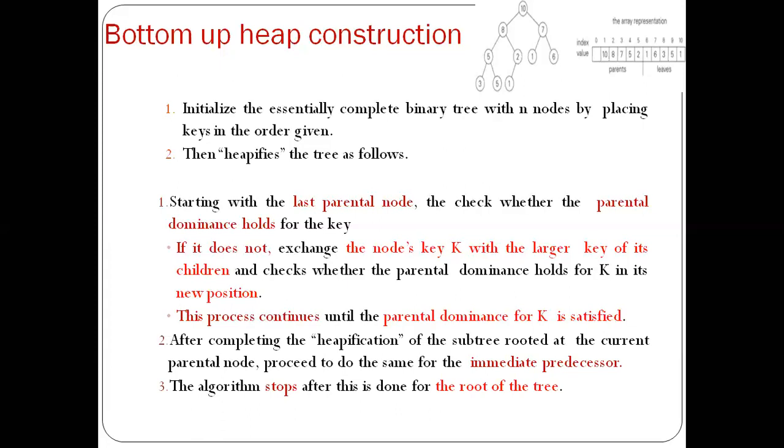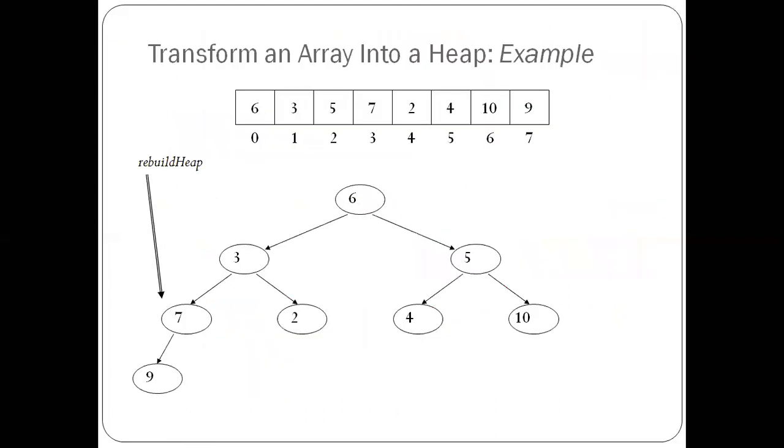So we have started from the last parent node. We will see one example. The only thing you should take from this is that if a node is not satisfying the parental dominance property, its key will be exchanged with the largest key of its children. This example will show you the exact thing.